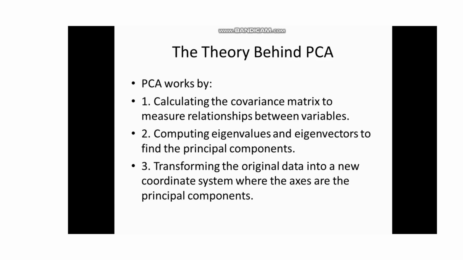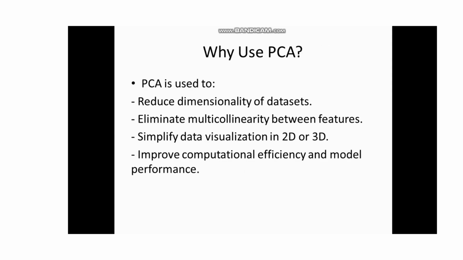First, calculating the covariance matrix to measure relationships between variables. The second, computing eigenvalues and eigenvectors to find the principal components. Third, transforming the original data into a new coordinate system where the axes are the principal components.